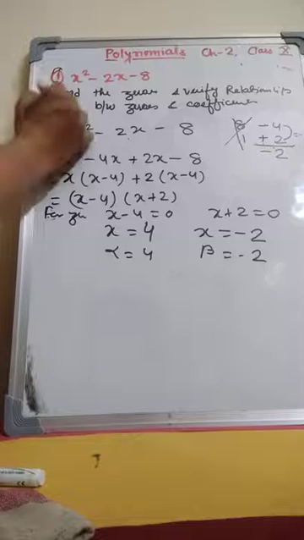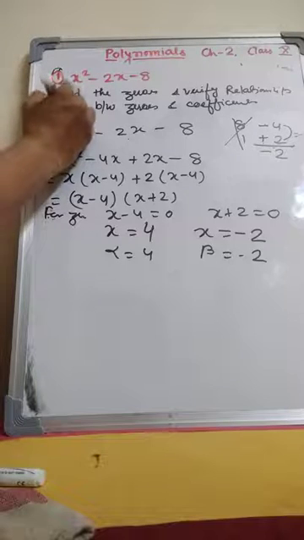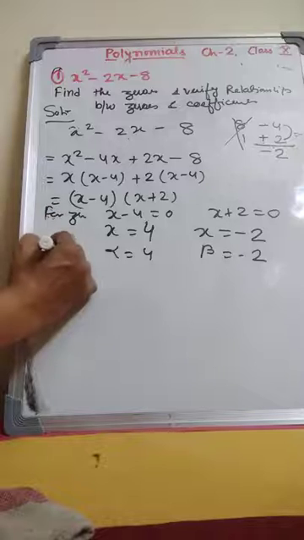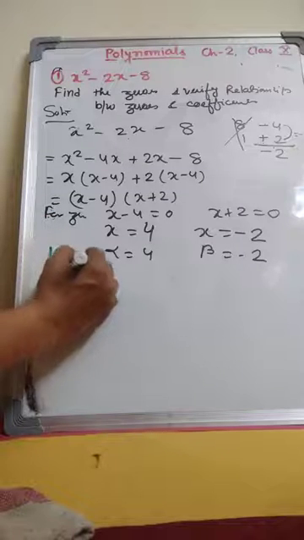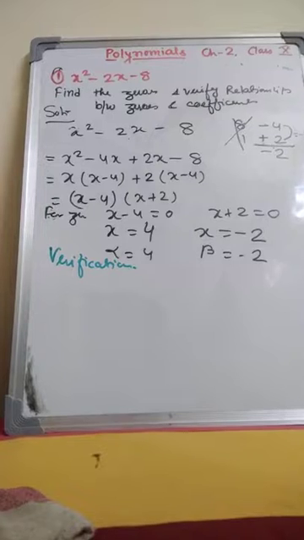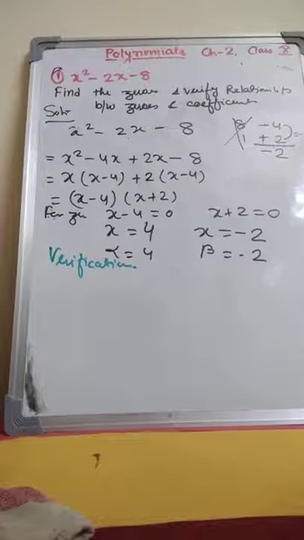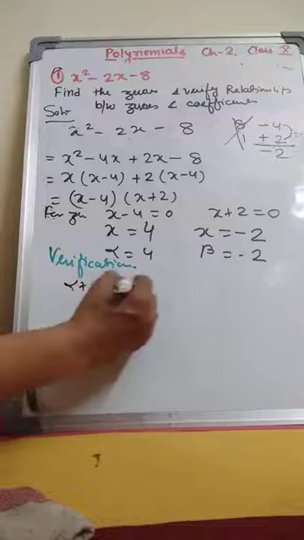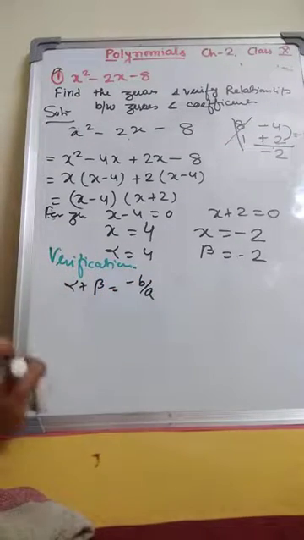The second step is verification. We have alpha plus beta is equal to minus b upon a.